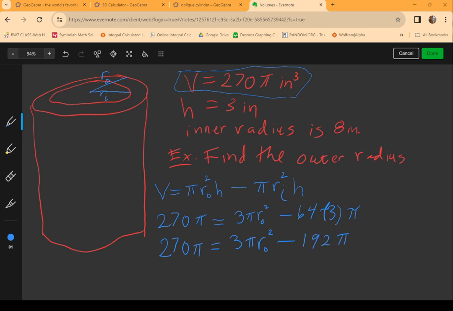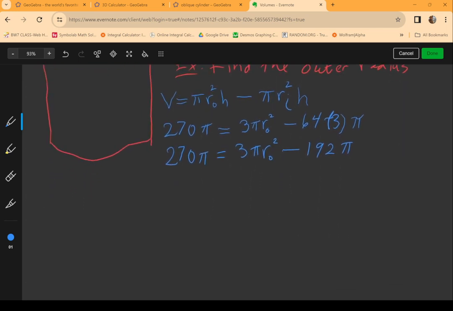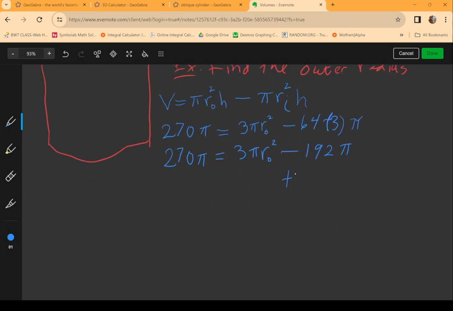Okay, so then the next step, I'd add 192 pi to both sides. Remember, treat pi like it's a variable x. Like 192 pi plus 270 pi is like 5x plus 3x, you get 8x.